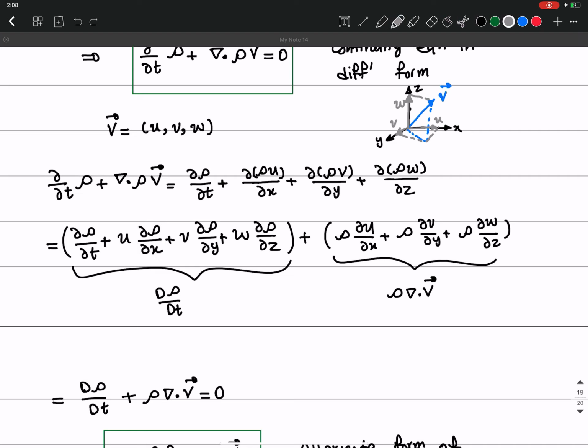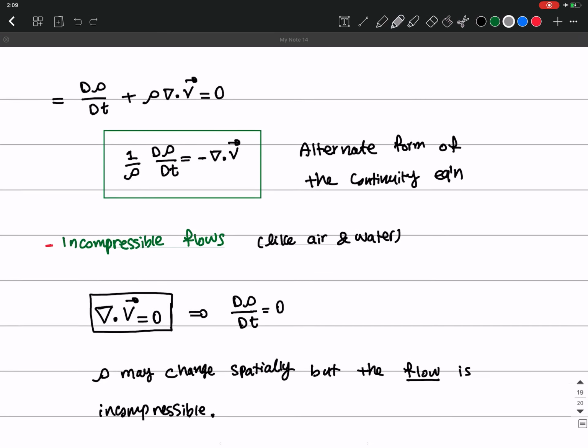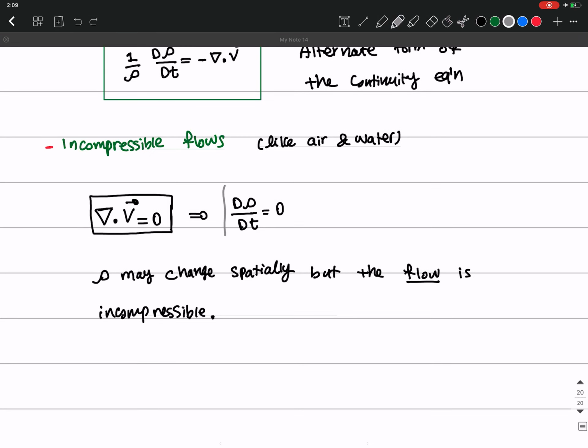So this is what we actually care about in incompressibility, not the spatial variation in one direction. It's the whole thing in the flow, in the density that we consider. So rho may change spatially, but the flow is incompressible.